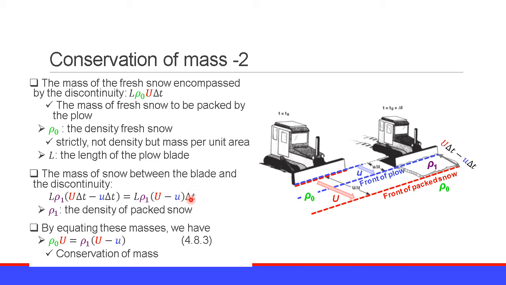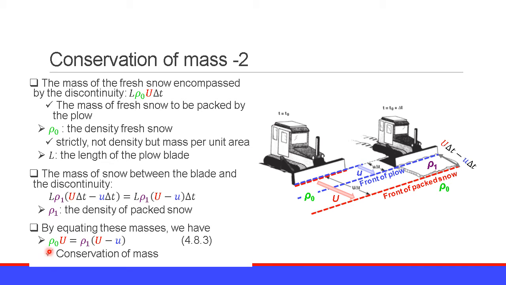Then these two should be equal. Therefore, we can cancel delta t, and also cancel L, the length of the blade.